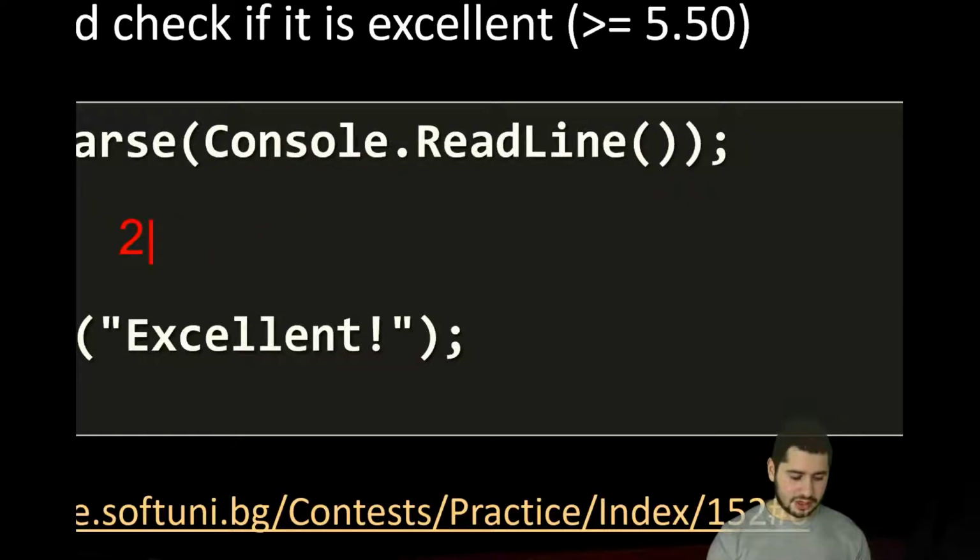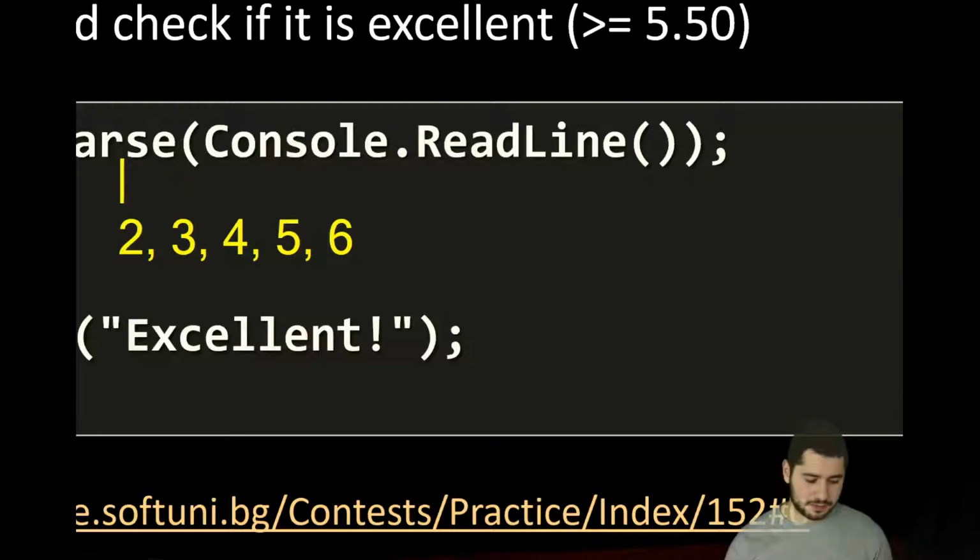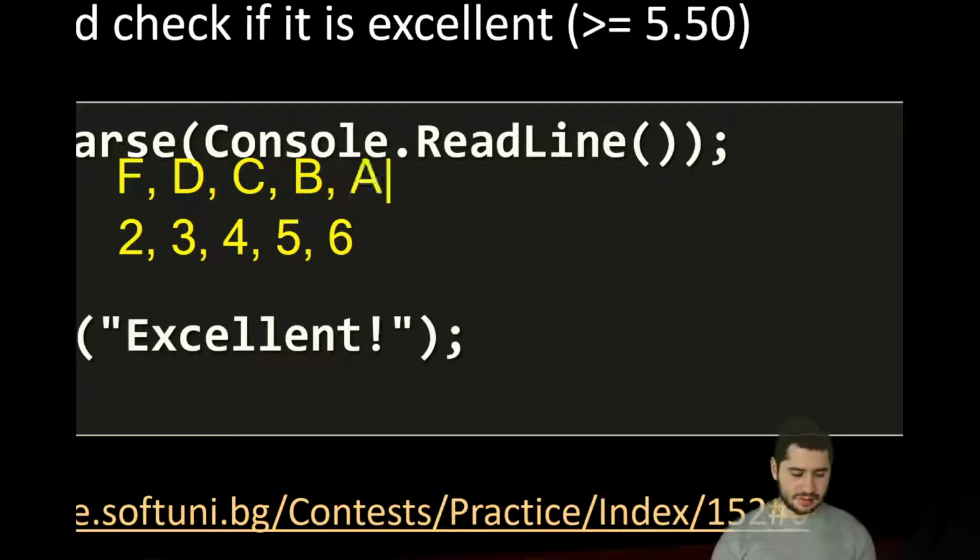Sorry, I'll switch to yellow. So it contains 2, 3, 4, 5, 6, which correspond to F, C, sorry, this is B. I'm not sure what the American one was. D. Okay, so it's D, C, B, A. Okay, so you have this.